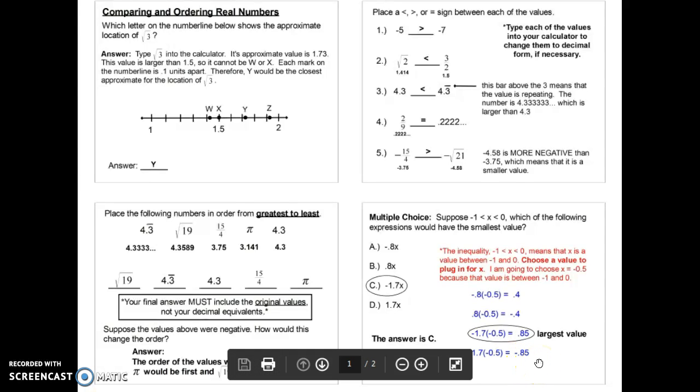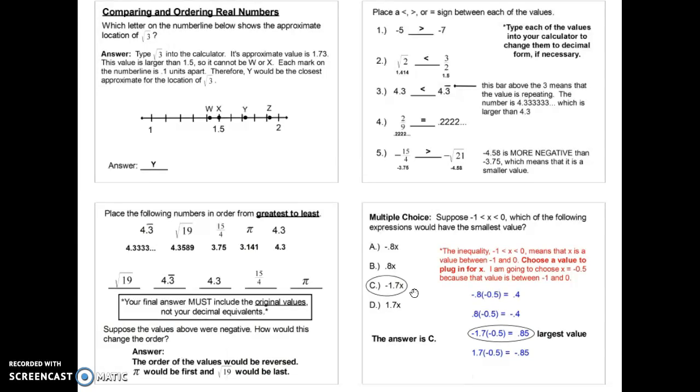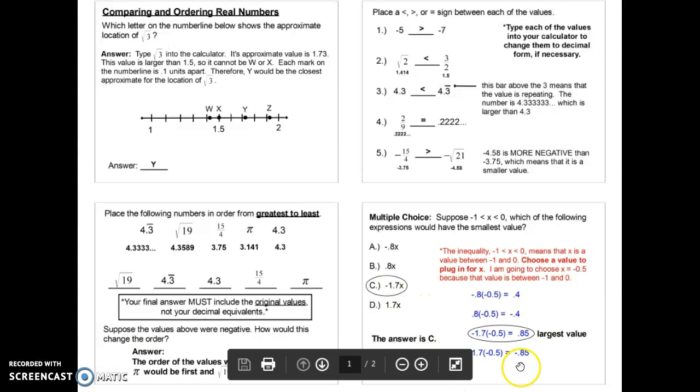Now I think there is a typo on this. We have answer choice C circled, which is actually the largest value, and the question is asking for the smallest value. So this is a little bit of a typo, but that's okay. Our smallest one, which is the one that is furthest away from 0, is actually going to be answer choice D, which is -0.85.